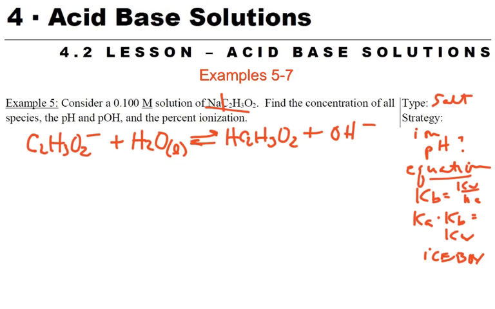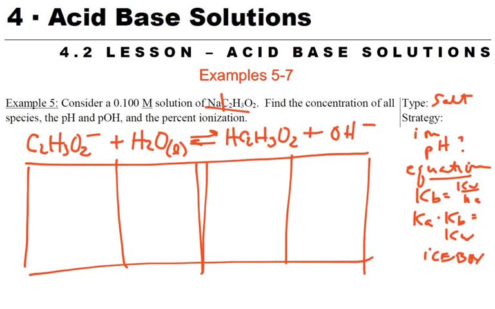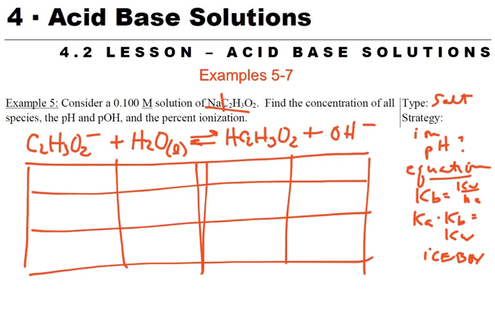That's going to be the basis of our ice box. With that ice box, we are going to end up finding the OH minus concentration, and that's going to give us the key to the various pHs and pOHs. Water is a liquid, so we're not going to worry about that value.